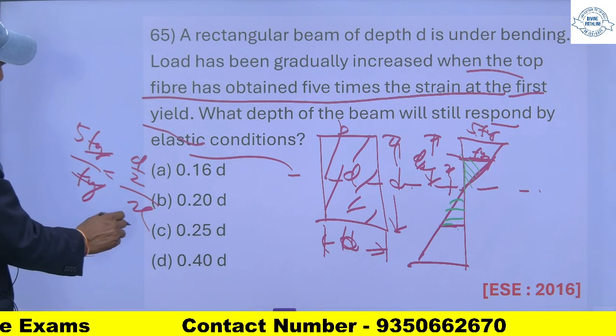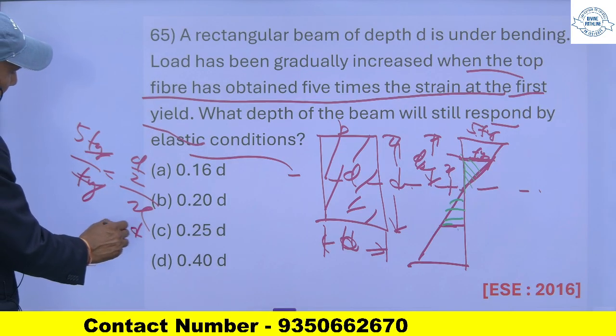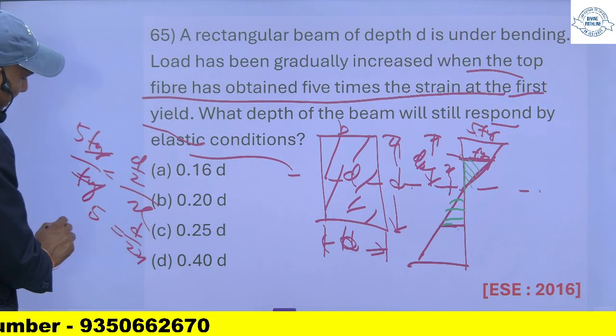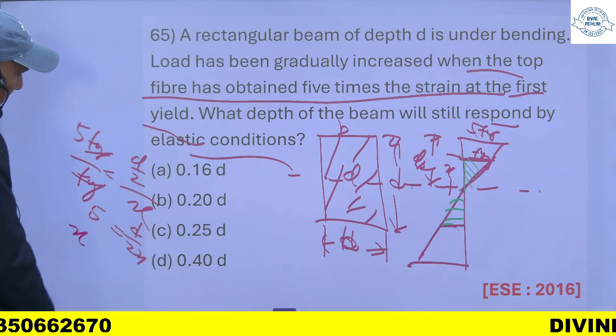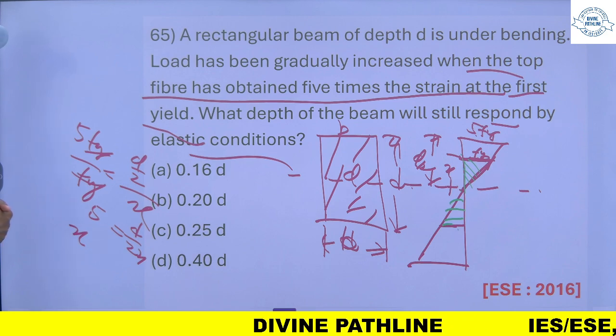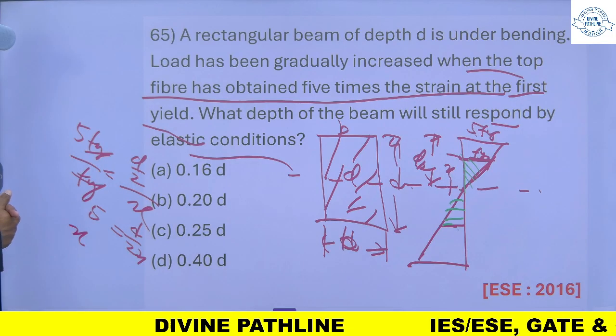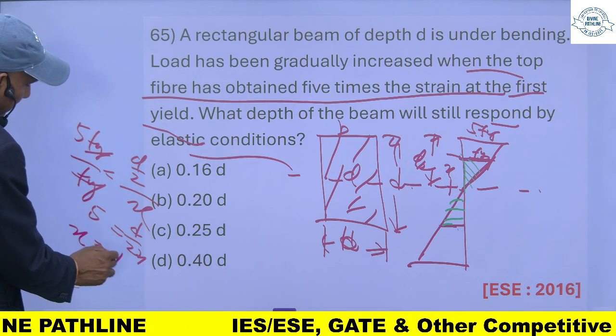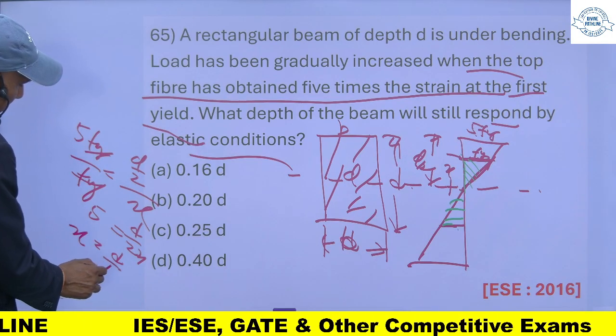It means d upon 2x is equal to 5. So x will be d upon 10.